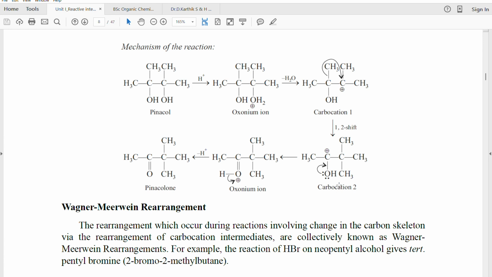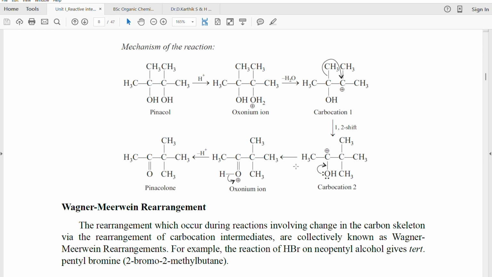So this carbocation is again stabilized by this resonance structure. The resonance structure is produced by the lone pair of electrons on the oxygen. So in the next step you can see when it gives the lone pair of electrons to this carbocation, it forms a double bond here, right, and it makes an O plus ion, the oxonium ion forms.